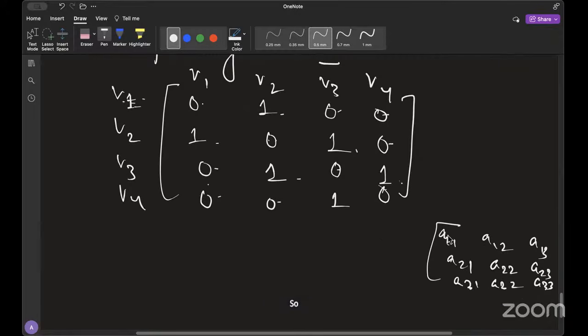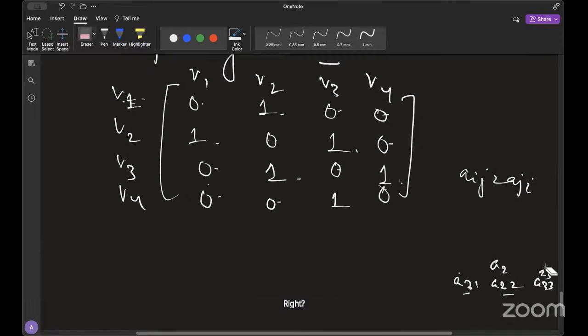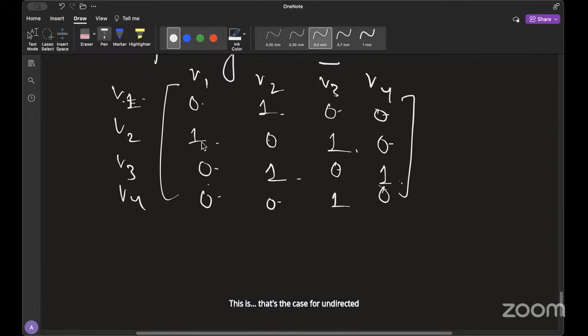So Aij equals Aji means A12 should be equal to A21, A13 should be equal to A31, and A23 should be equal to A32, which is true for this matrix. That's the case for undirected graphs, because there are no directions.